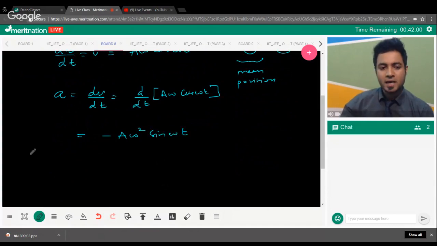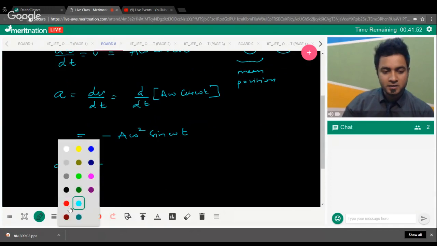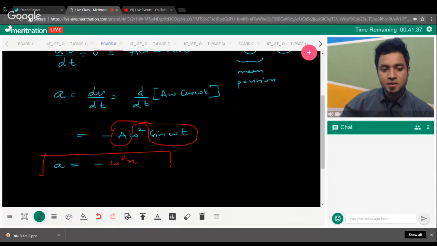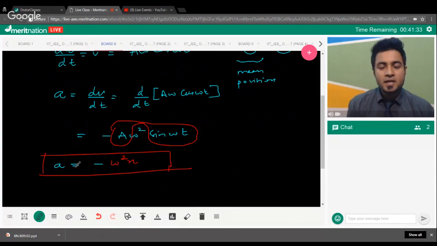Here, A sine omega t is nothing but x, this entire portion. So I can write it as a equals minus omega square x. This is the acceleration in SHM.